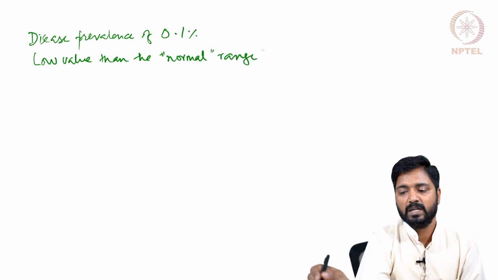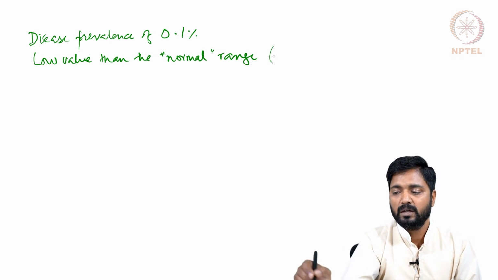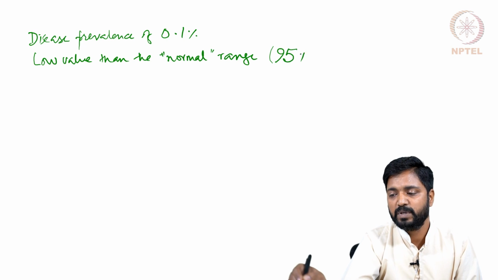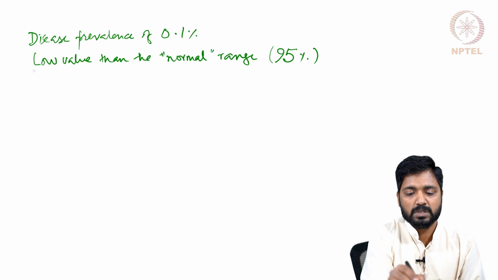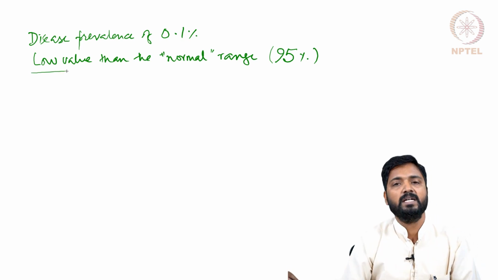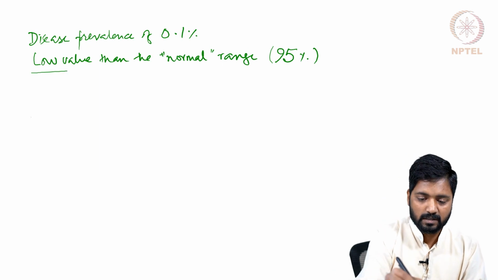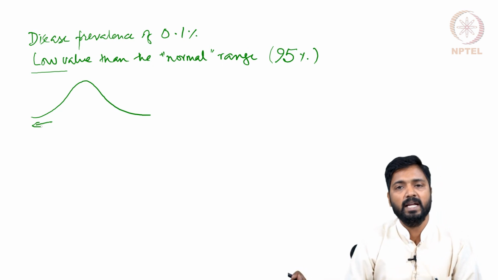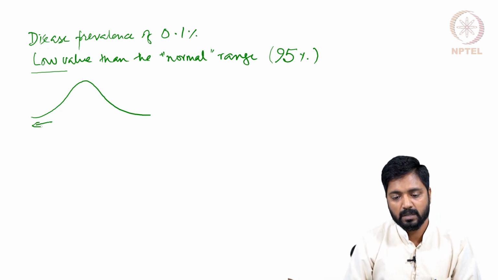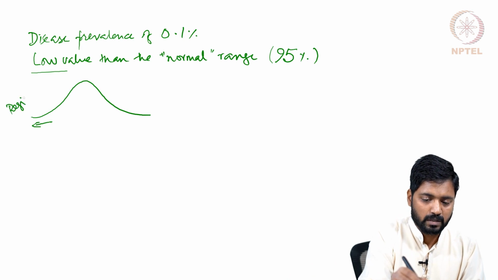And we realize that this normal range is defined to often cover 95% of the population. So when we say that a reading is having a low value, what we are implying is the left tail of the Gaussian error profile is our region of significance.